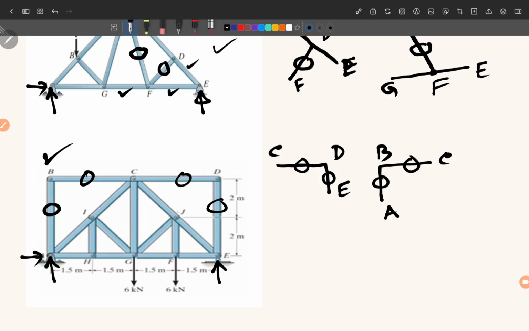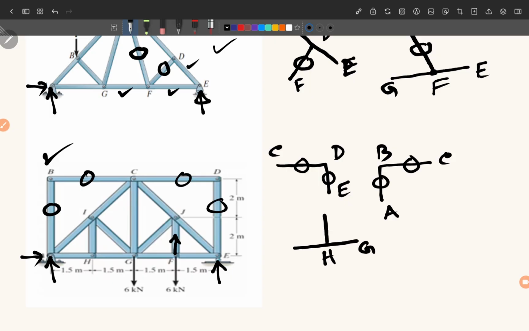So we can quickly say that force FJ will be equal to 10, like this, and these EF and FG will be equal and opposite. Now we come to joint H. Okay, joint H gives you these three forces.